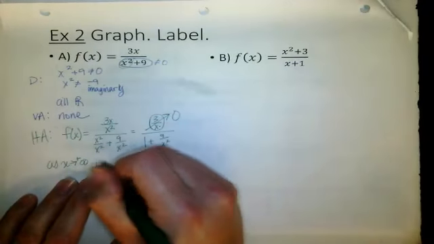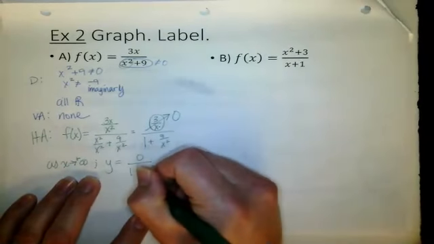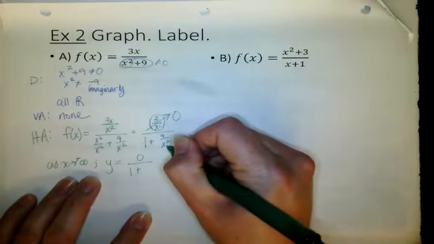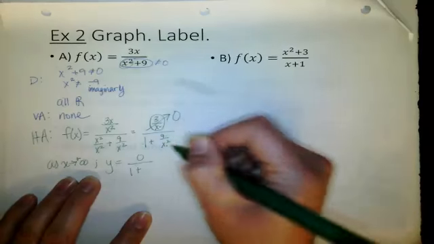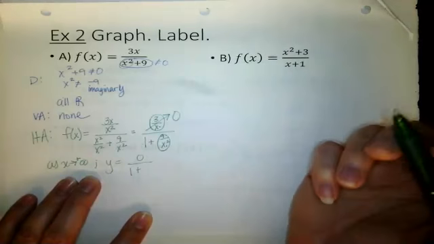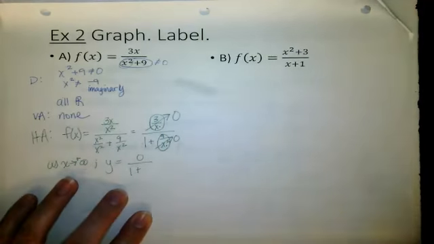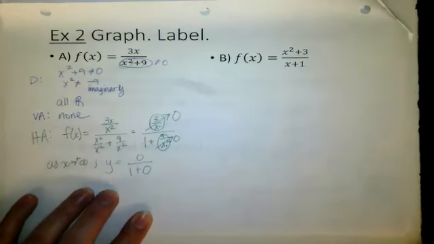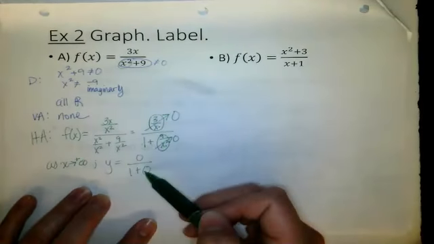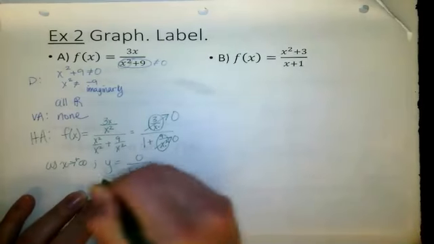And we have a 1. Then 9 divided by something super huge becomes infinitely small, super close to 0. So what does this clean up to be? 0. So that's our asymptote, y equals 0.